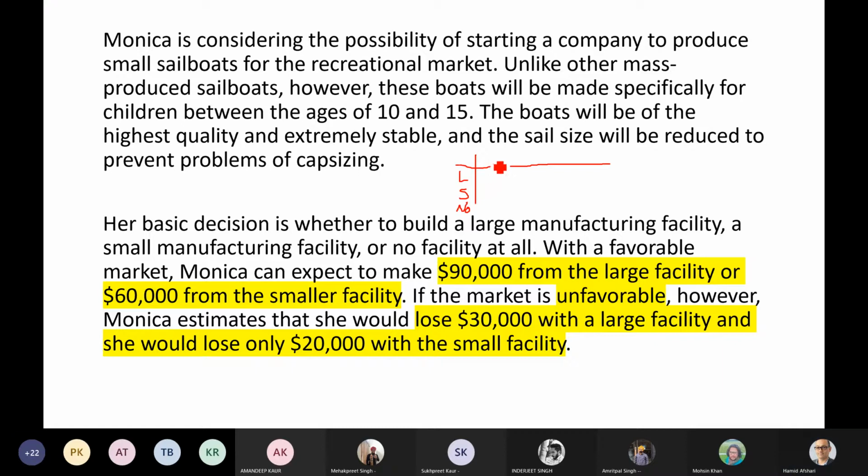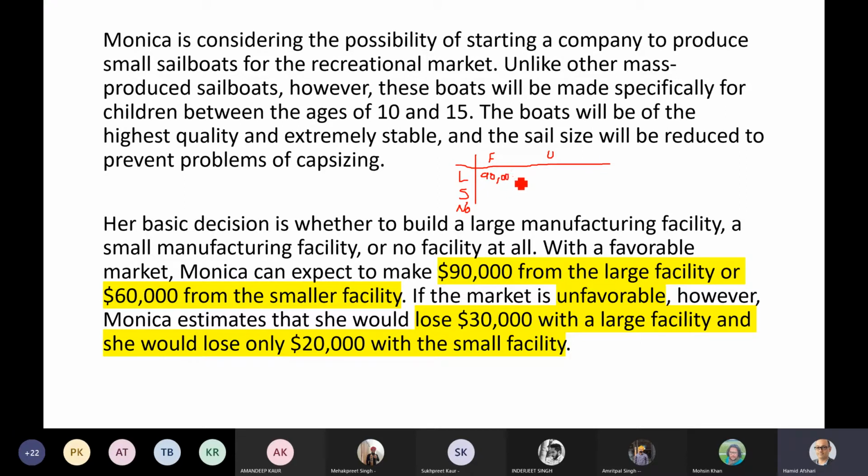What are the states of nature? Favorable and unfavorable. Exactly. How much is the benefit of a large plant? 90,000. Exactly, so it will be $90,000.